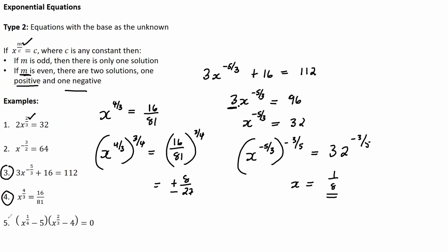If I say to you in maths, x minus 5 times x plus 3 is equal to 0, it means x minus 5 is equal to 0, or x plus 3 is equal to 0. The same way here, x to the power a quarter minus 5 will be equal to 0, and x to the power 2 over 3 minus 4 will be equal to 0. Then you solve it out. So that's not too hectic, I'm hoping. All right, so we're good there.